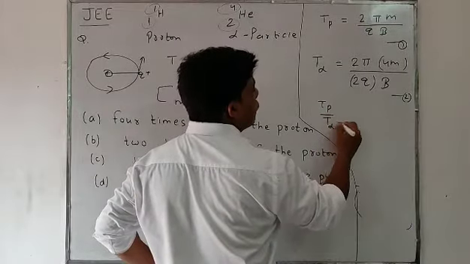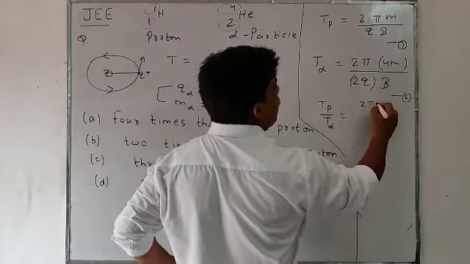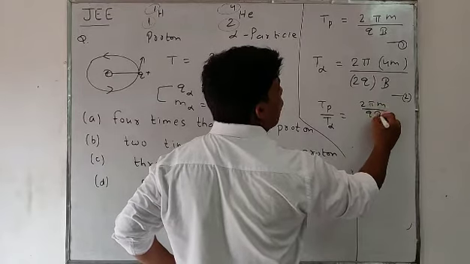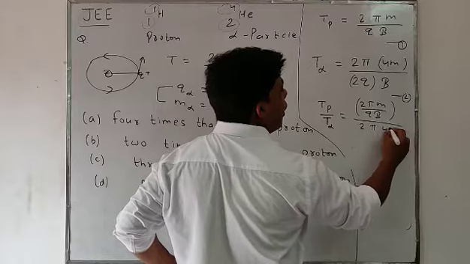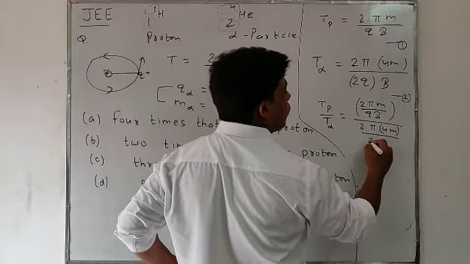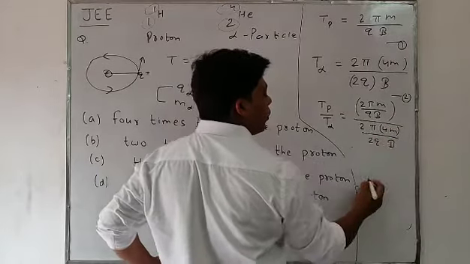T proton by T alpha, that is 2 pi m upon qB divided by 2 pi 4m upon 2qB.